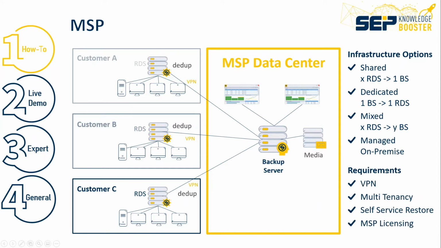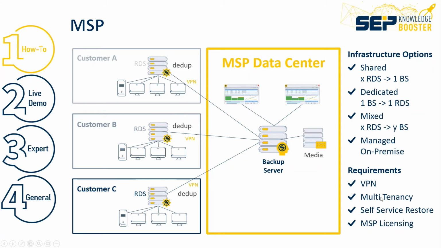Yeah, requirements for this kind of environment, definitely the deduplication. You need a VPN connection. We have the multi-tenancy functionality. That's also important because we need to make sure in case of a restore, we have the self-service restore assistant, the web UI, that customer A can log in into this web UI and can do a restore only of its own data, and the customer B has only access to its own data.